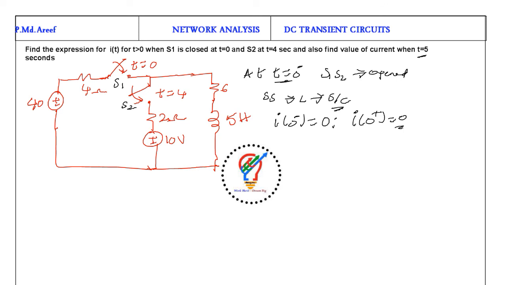Next, S1 is going to be on and S2 is in the off state. That means the time interval is 0 less than t less than 4, so the maximum value is 4 seconds. Just before operating the second switch, what is the current flowing through the inductor?